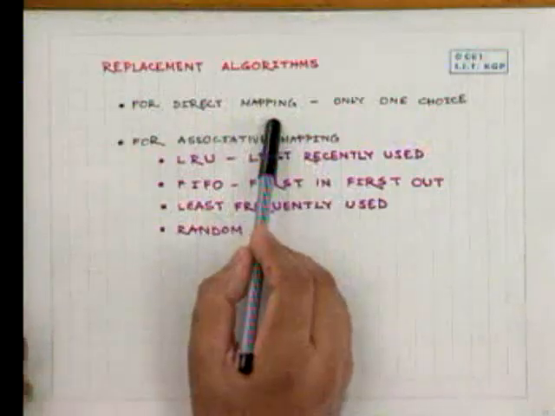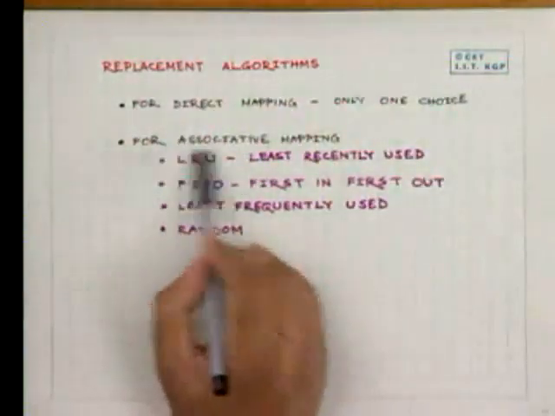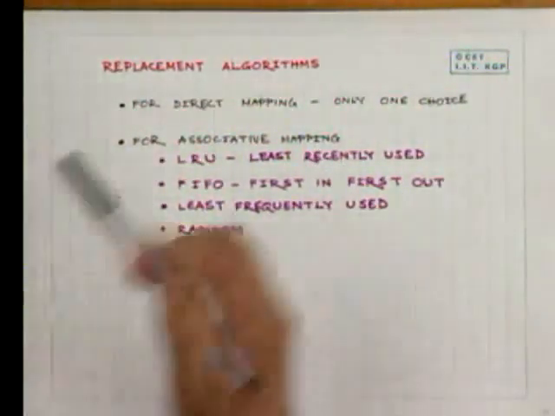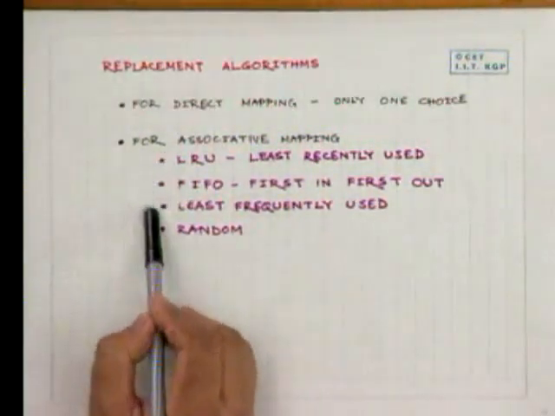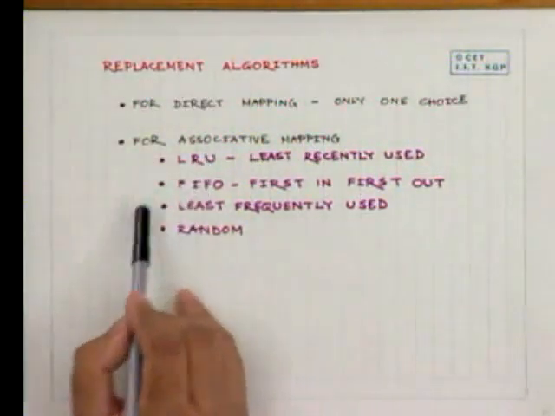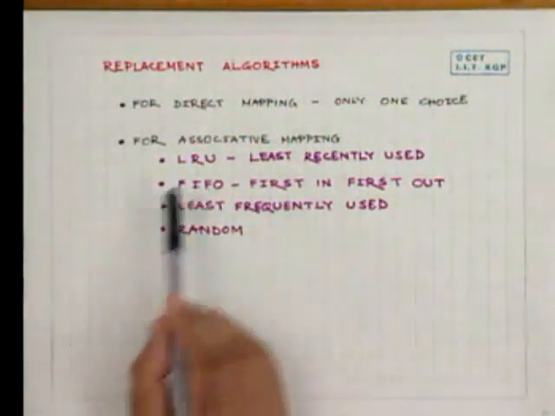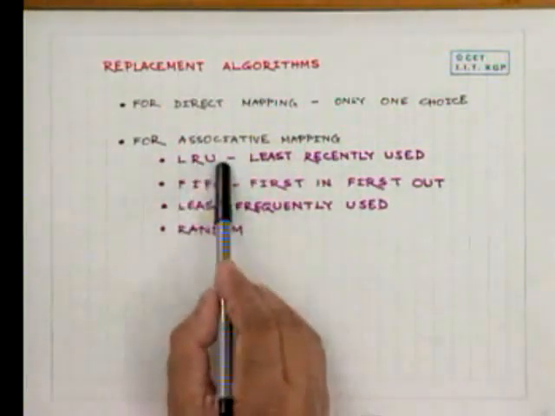For direct mapping, there is no choice in this replacement algorithm. For associative mapping, these are the different choices that you have. These three depend upon the use of a particular line in the cache, but this one is random. The first one we call least recently used, or LRU.